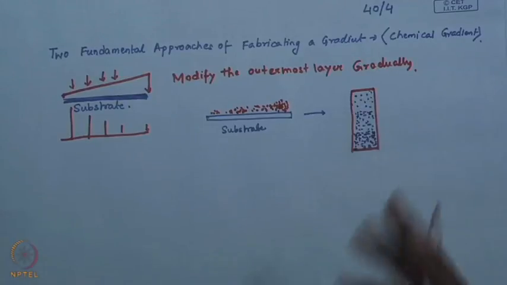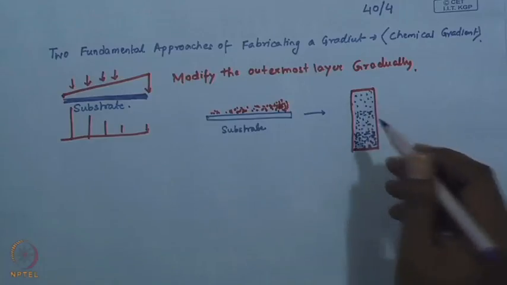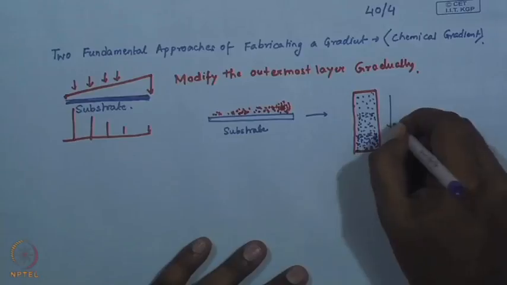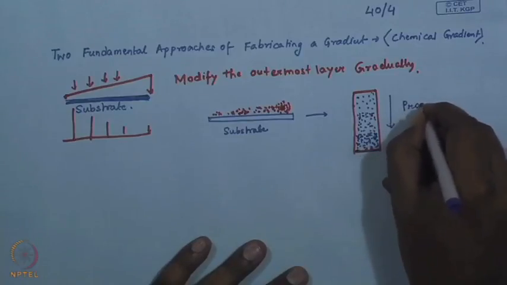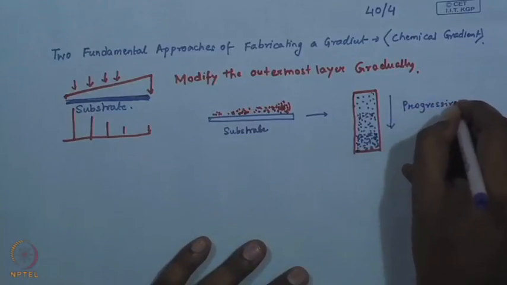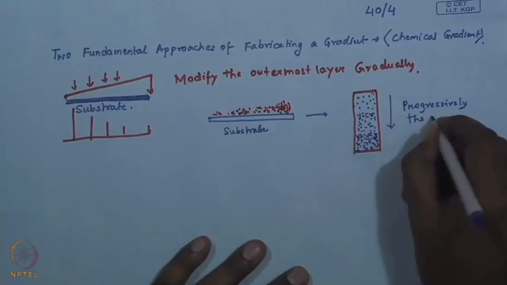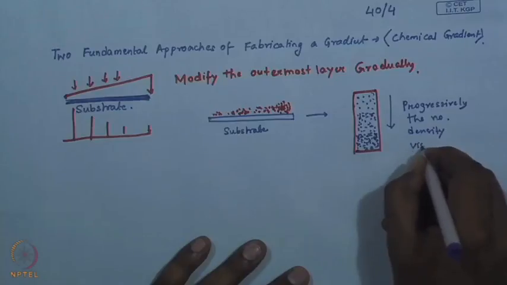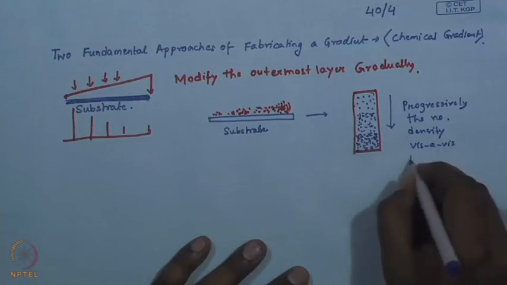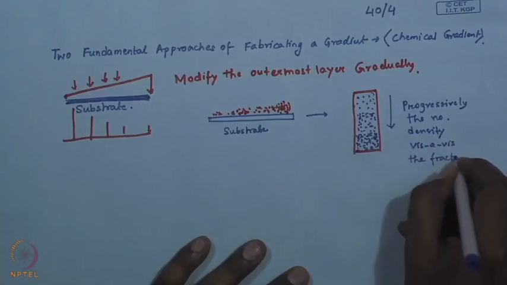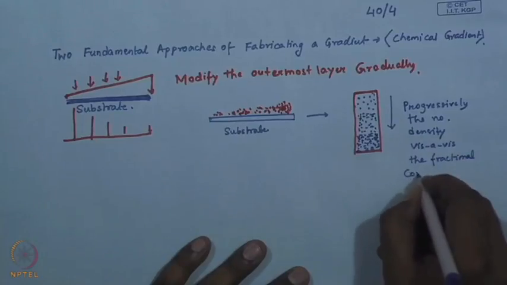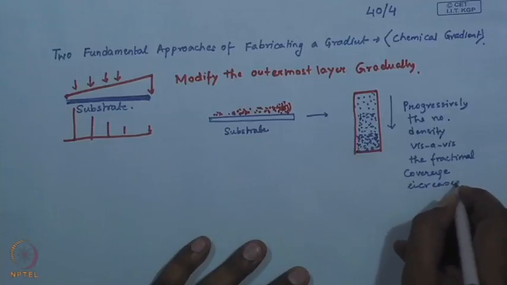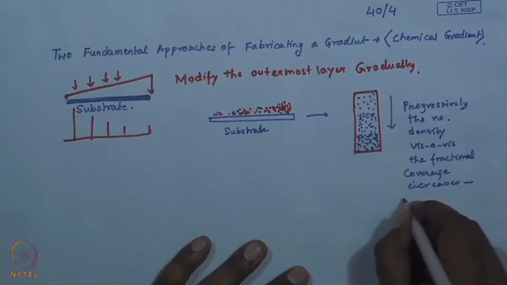So, if you do something by which you progressively vary the number density of these molecules on the surface, the number density, vis-a-vis the fractional coverage, increases. So, this results also in a gradient.